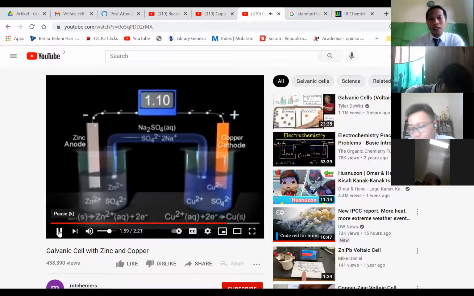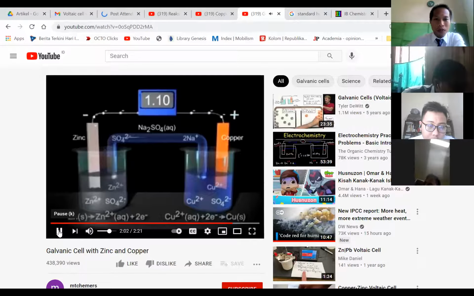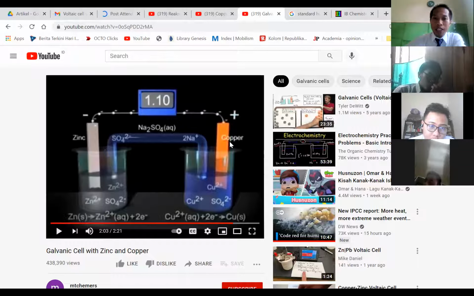In the 2 cell compartments, ions must move through the salt bridge. So what happens when the reaction is going on is that the electron will move from the zinc electrode to the copper electrode, continuously moving from zinc to copper.